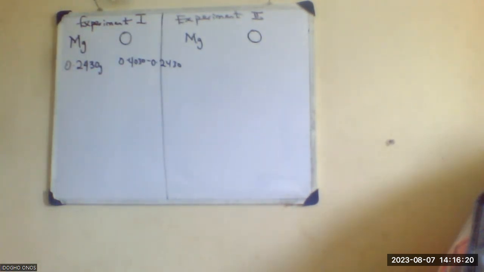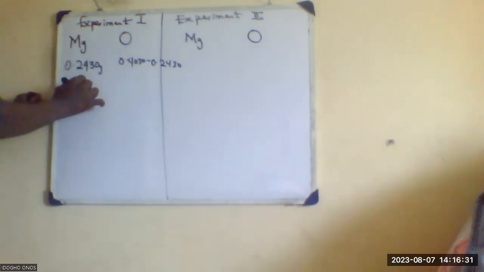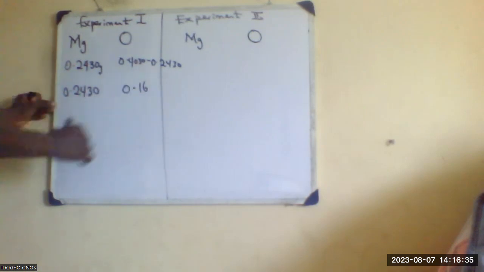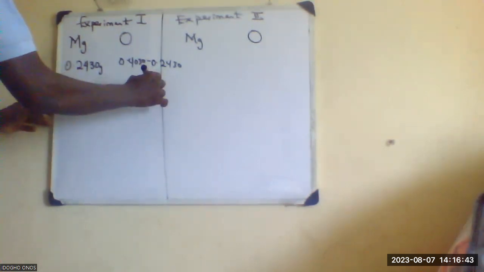If you do that subtraction, what do we have? Quickly, if you have a calculator nearby, you can help us. I think I should be having 0.1600 gram.